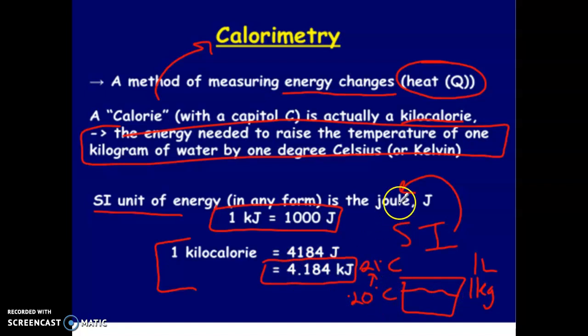What if I wanted to raise it 5 degrees? You would have to do this times 5. This is the basis, and they used water as the basis also because the density is equal to 1, but that's neither here nor there. We'll talk more about this in a second when we're looking at heat capacity. But it's what that definition and this number truly represents.